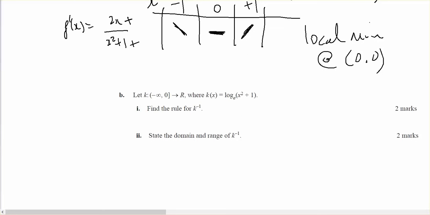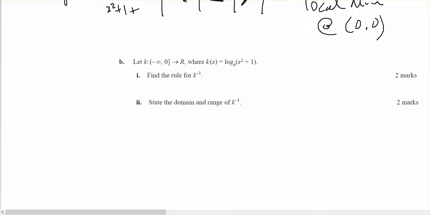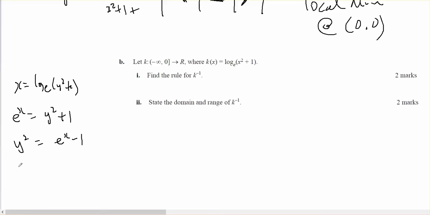And lastly, let k have the domain negative infinity to 0, where k of x is equal to log base e of x squared plus 1. Find the inverse rule. So x is going to equal log base e of y squared plus 1. e to the x is going to equal y squared plus 1. y squared will equal e to the x minus 1. y will equal plus or minus the square root of e to the x minus 1.